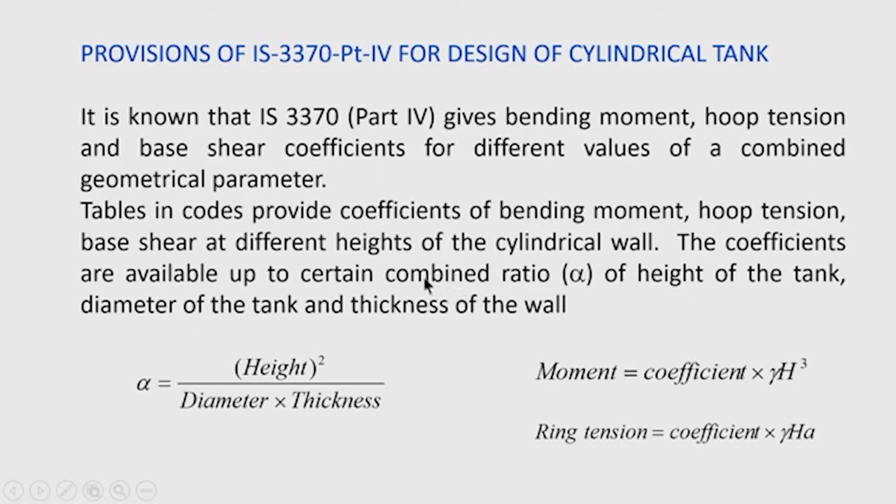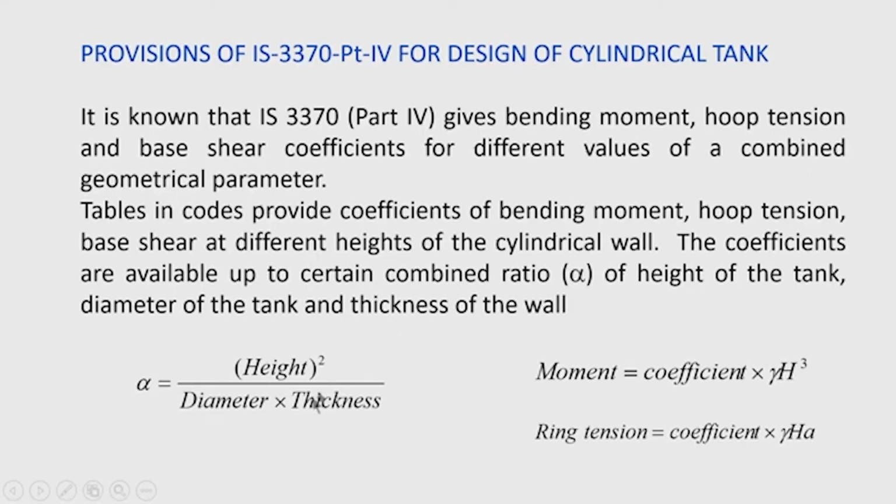You will get these coefficients up to a parameter that I have defined and call alpha. Alpha is h square, that is height square, divided by diameter into thickness. If this parameter is greater than 16, no coefficients are available in the code.